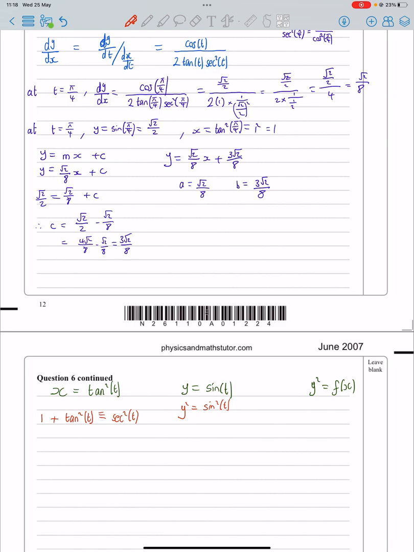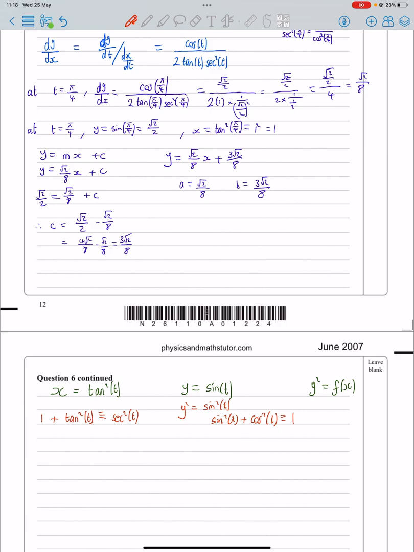So we have the sine squared of t plus cos squared of t is identical to 1. Now, annoyingly, that has the cos squared, which doesn't really have much to do with the other equation.